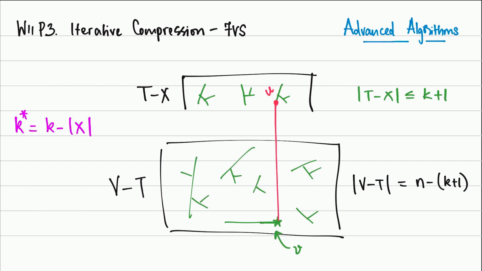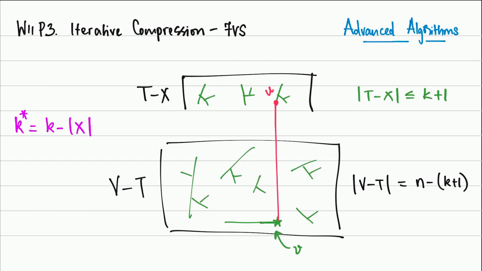Can this be V's only other neighbor in the graph? Well, if this was the case, then V would have been a degree 2 vertex with at least one neighbor in V minus t, so it would have been short-circuited out of this picture. So u cannot be V's exclusive neighbor in t minus x. There has to be at least one more.